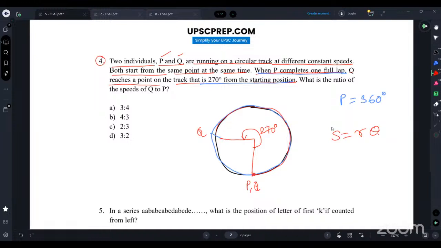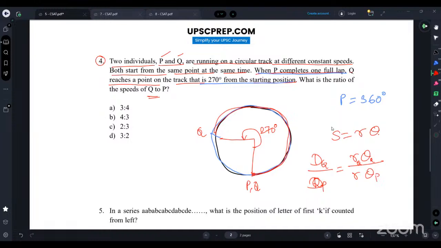So in the case of both P and Q, let's say I want to calculate the path for P. We have to find the ratio of the distance for Q divided by the distance for P. The distance will be r into theta, because this will be the length of the circumference. So r into theta for Q, and r into theta for P.